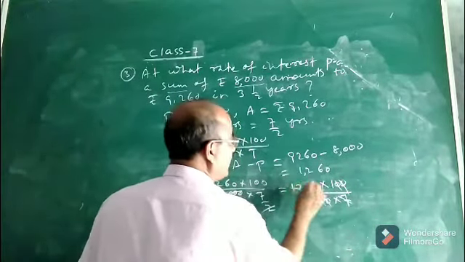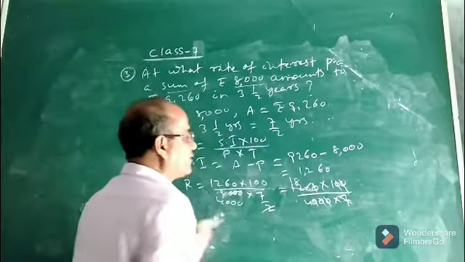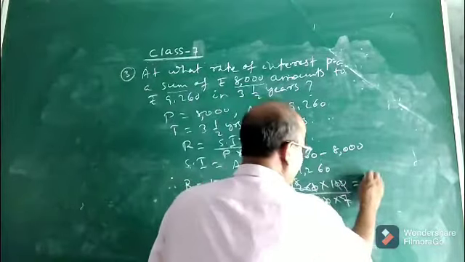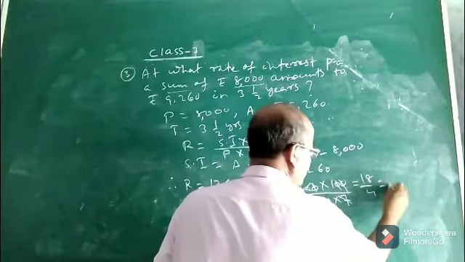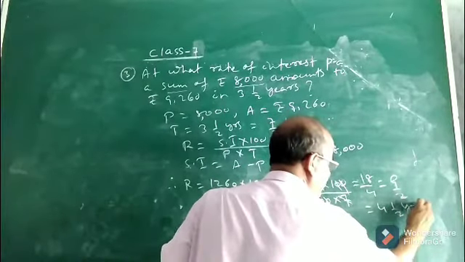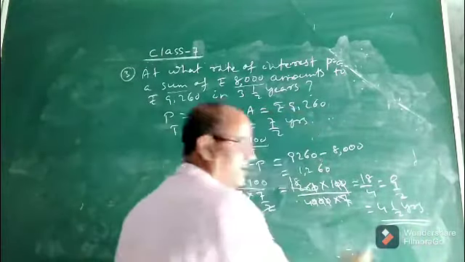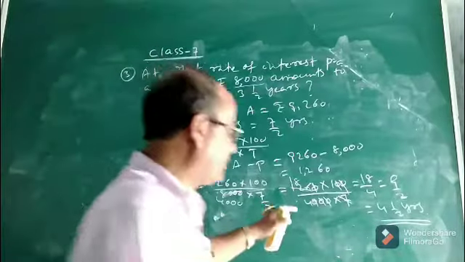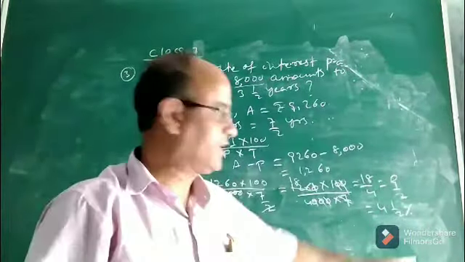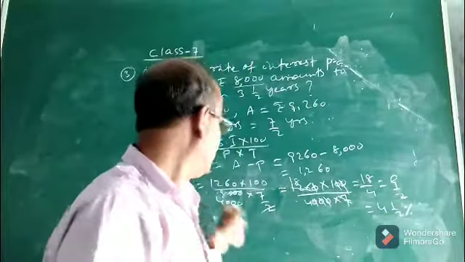Now cancel 7 into 126. It will be 18, because 18 times 7 is 126. You know the table. So what did you get? 18 by 4. 18 by 4 means it is 9 by 2, which is 4 whole 1 by 2. I mean this will be the rate of interest. Sorry, 4 whole 1 by 2%, that is 4.5%.